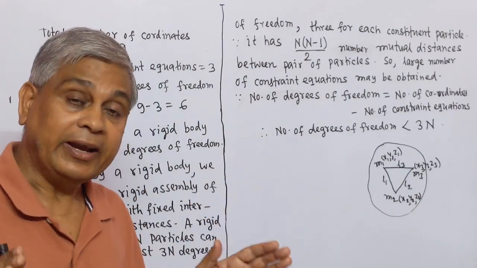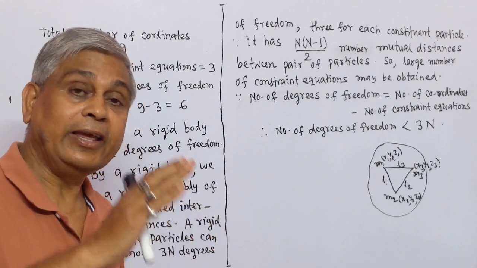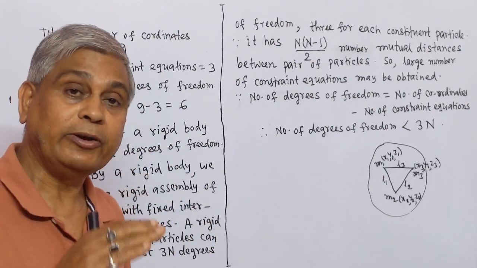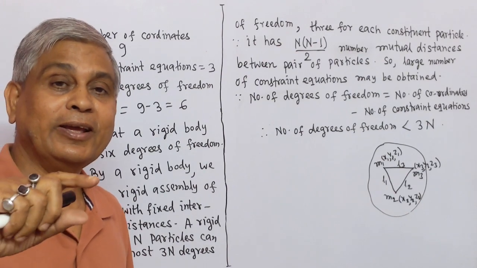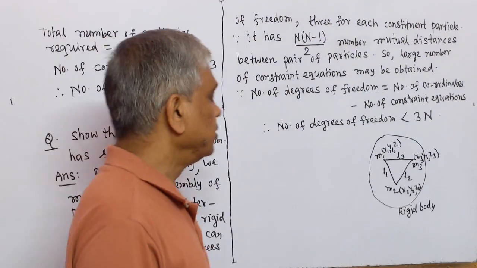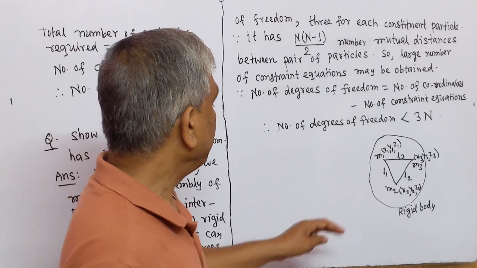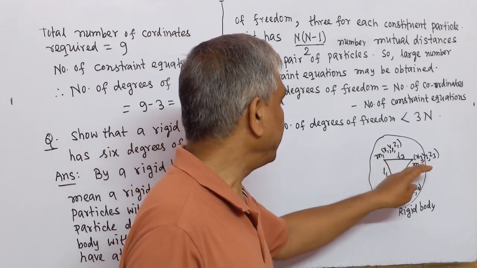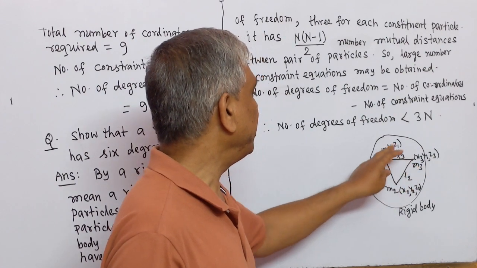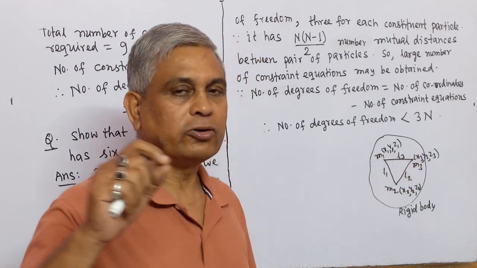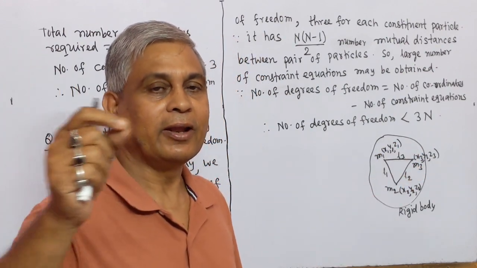Since it has n into n minus 1 by 2 mutual distances between pairs of particles. The distances are the distance between m1 and m2, m1 and m3, m1 and m4, up to m1 and mn.